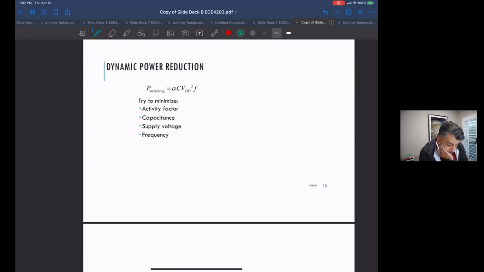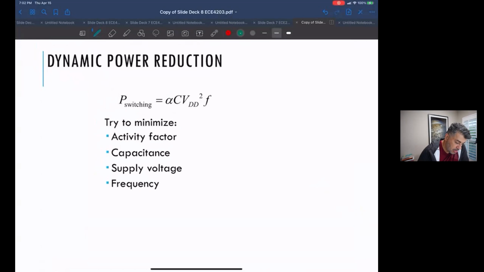Okay, guys. So let's get started here. We were talking about dynamic power consumption. In some ways it's an easy concept because you only have one equation to keep track of. We've got the operating frequency of the circuit, usually your fastest clock frequency.